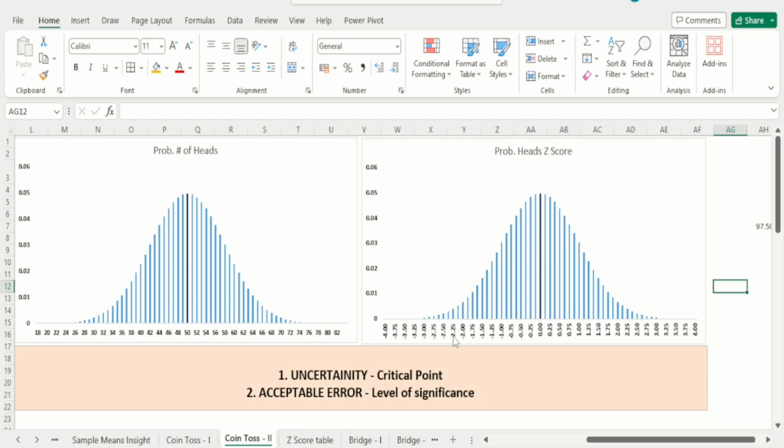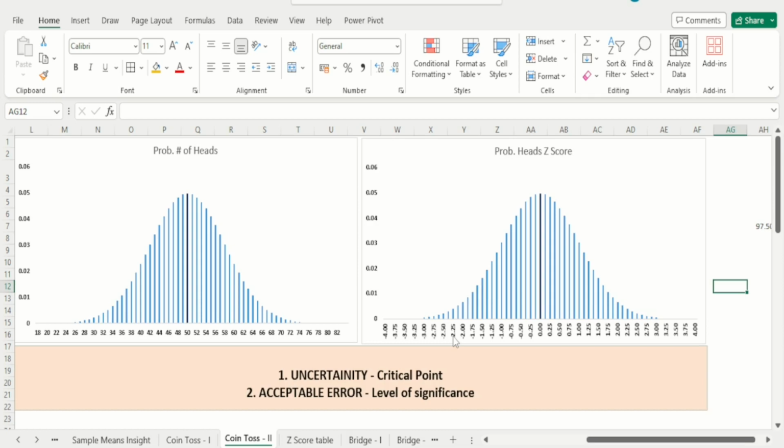So there are two key concepts here. One is the concept of uncertainty, and the second is the concept of acceptability, or the acceptable error margin that we want to keep in our statistical model. Basis these two concepts, we can tie this together and understand that for the distribution of the tossing of coins, we will have to select a point that represents 95%, and the other half will be the remaining 5%, right?